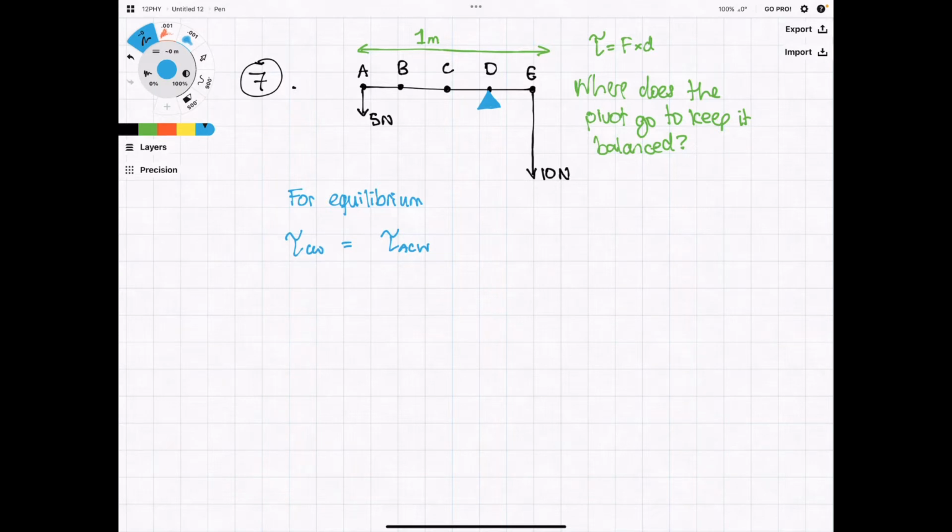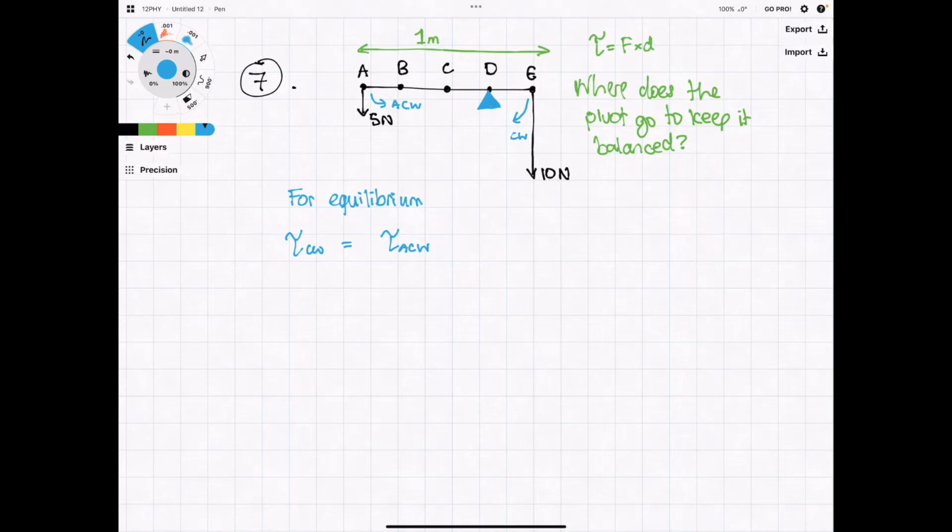Let's say our pivot is somewhere in there. The rod doesn't have a weight force because it hasn't told us that it does. So the force at E is going to take us clockwise, and the torque at A is going to take us anti-clockwise.